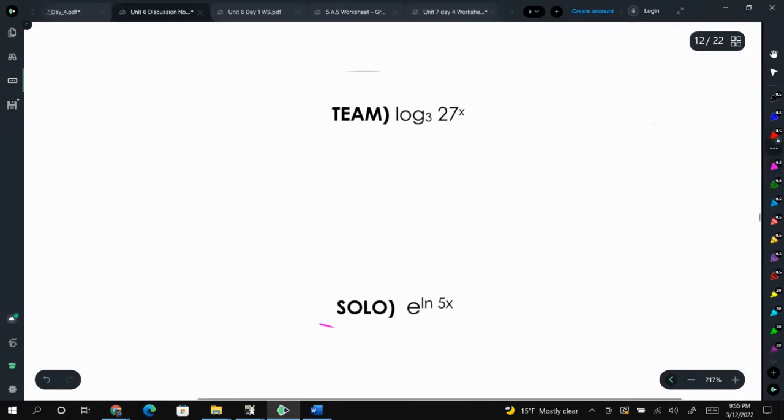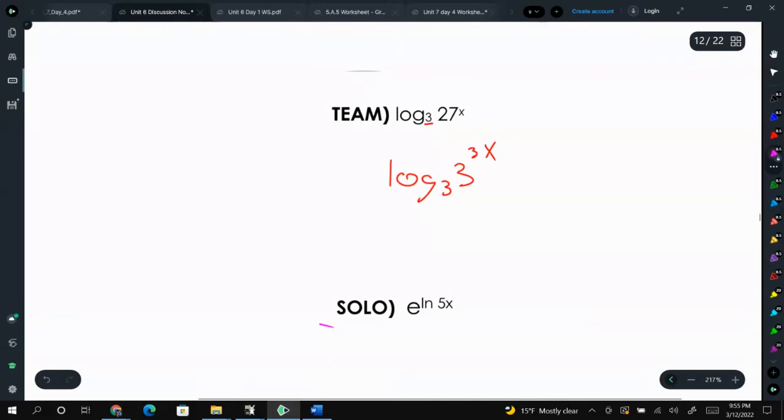What we see is that we have log base 3 of 27 raised to the x power, but we don't have the same thing here. We have 3 and 27. We could change 27 to 3 to the third power. So we could say log base 3 of 3 to the third, all raised to the x. And remember, when you have a power raised to a power, you multiply, so it'd be 3x.